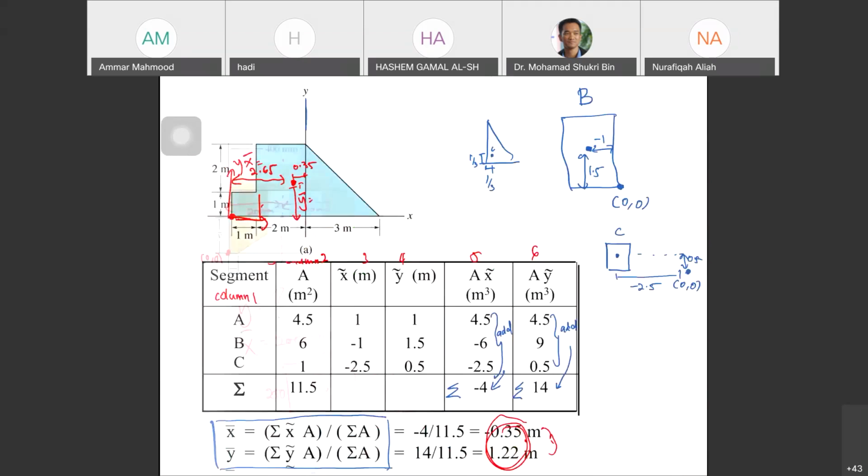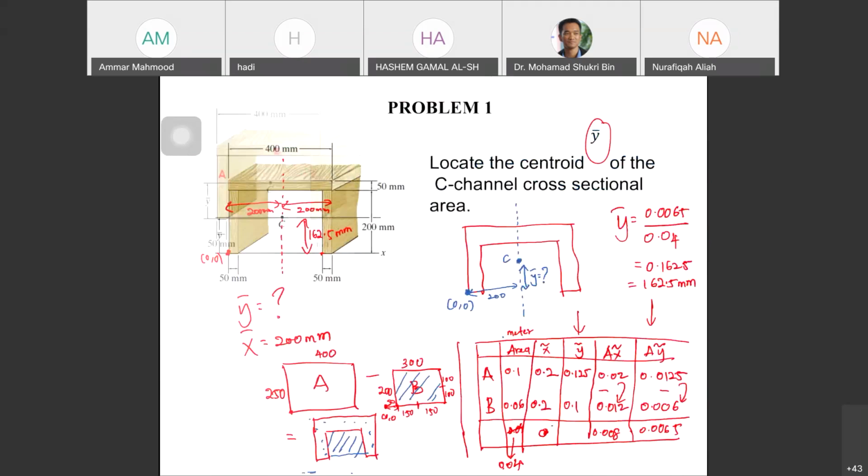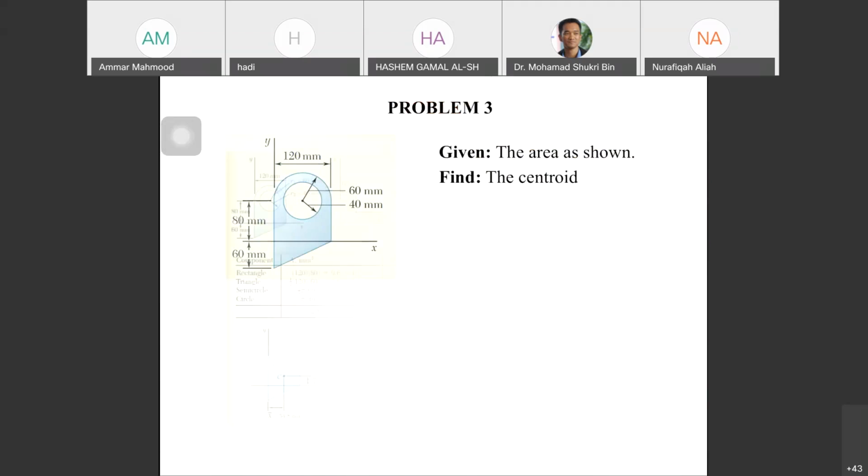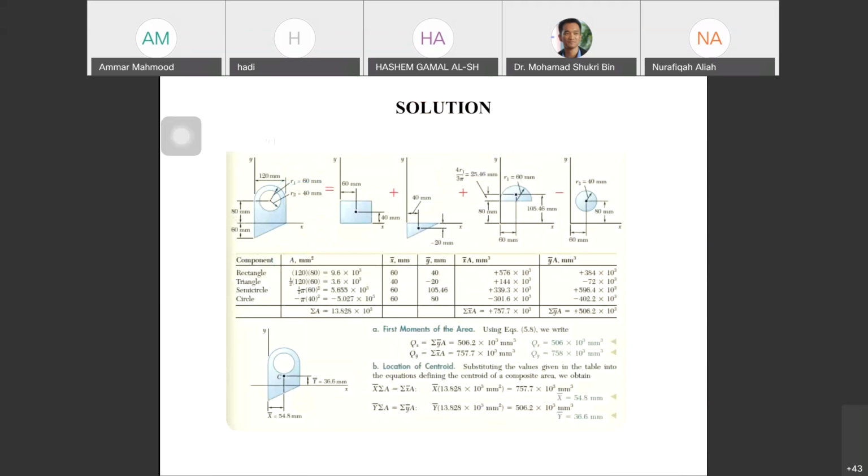For this problem, I think the solution is okay. So you have several methods. First, you have this part.